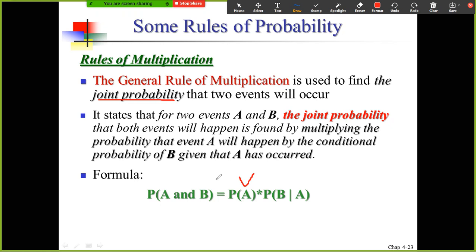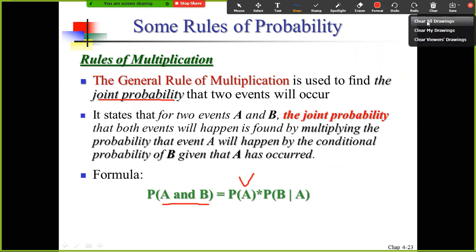Normally the first event does not depend on the others, but the second, the third, the fourth, and the last event always depend on the previous events. So this is what we call the general rule of multiplication.